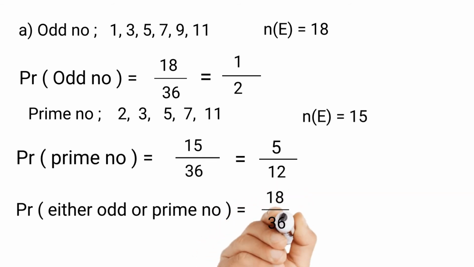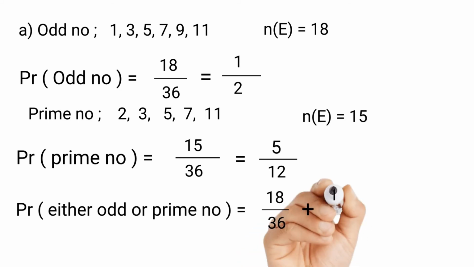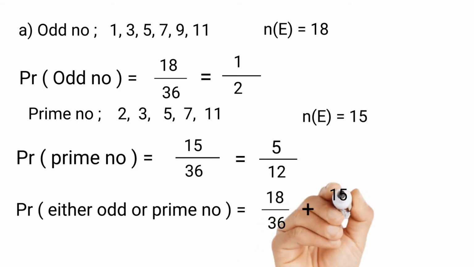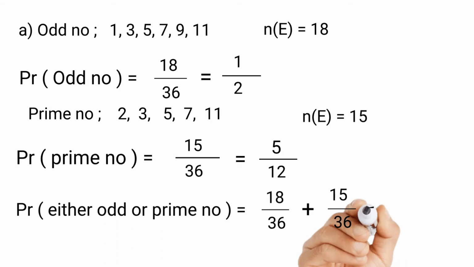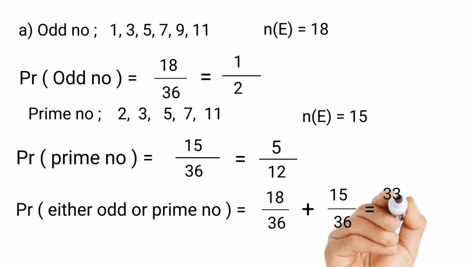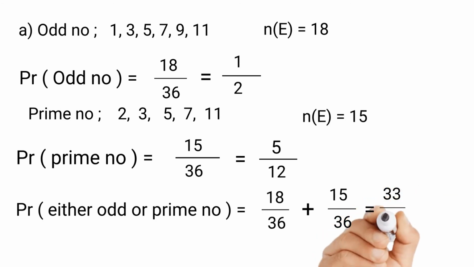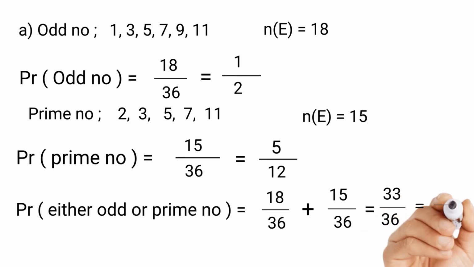So 18 over 36 plus 15 over 36. Okay? The LCM is 36, so we'll add the numerators. 18 plus 15 will give us 33 over 36. We can break it down and have 11 over 12. Is that okay?